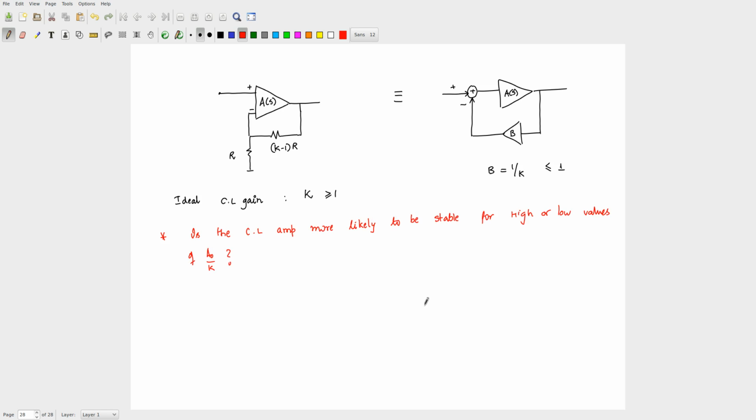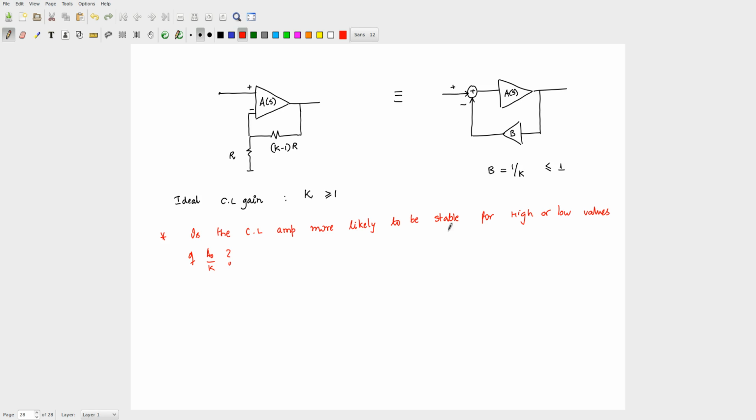Was it the high value that troubled you or the low value that troubled you? Think again, we discussed this. We took a third order system. We said that A naught by K cannot be more than 8. Then we did the dominant pole frequency compensation in the quiz and we found that A naught by K has gone to 900, 890 or whatever.